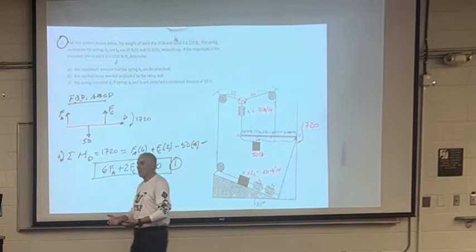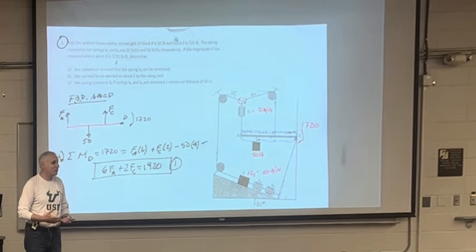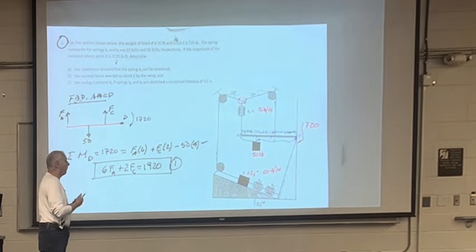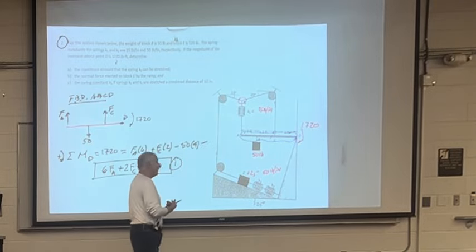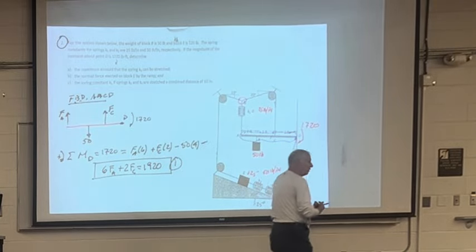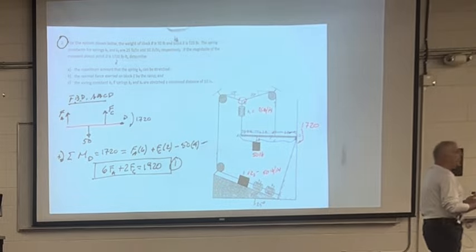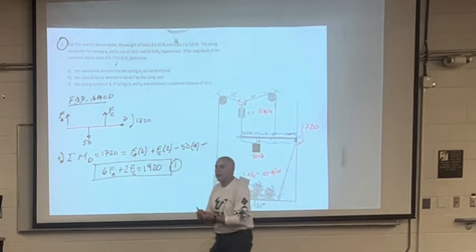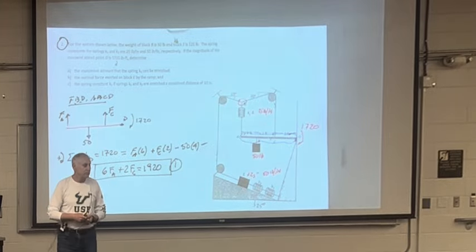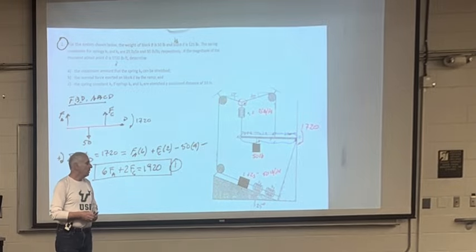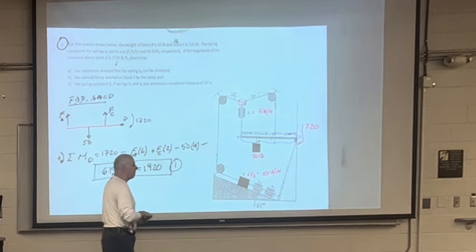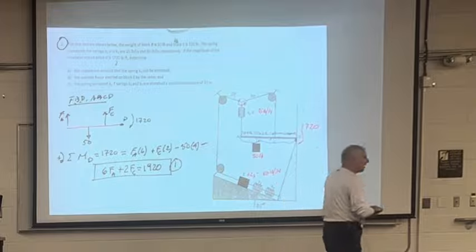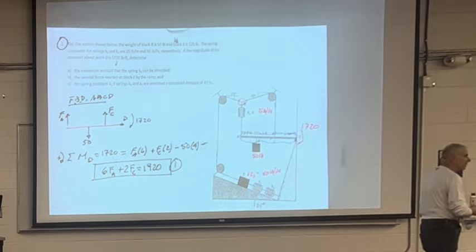The problem is set up so that you can't get any answers by writing the moment equation for ABCD or the force equations for joint G. But if you do both, then you have enough equations. So I am literally playing a game with you. I'm trying to see if you are confident enough to say, I didn't get an answer, but I'm going to go on and write the next set of equations.